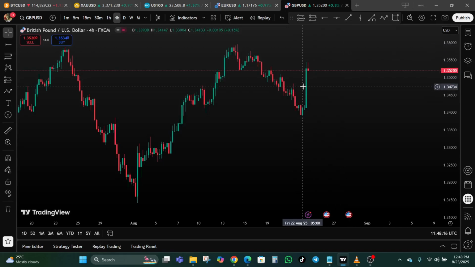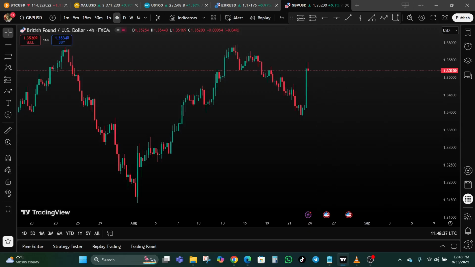Institutions need liquidity to fill their orders. And when they leave behind these blocks, the market naturally returns to them to balance out unfilled positions. So if you can identify these zones, you can anticipate where price is most likely to retrace.